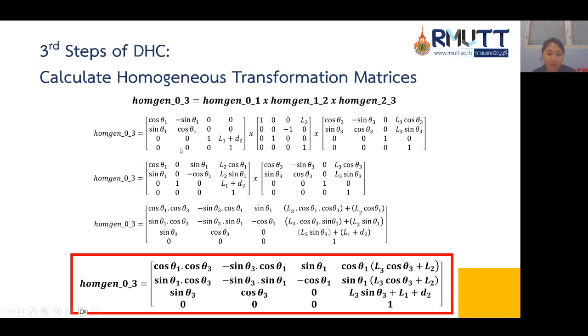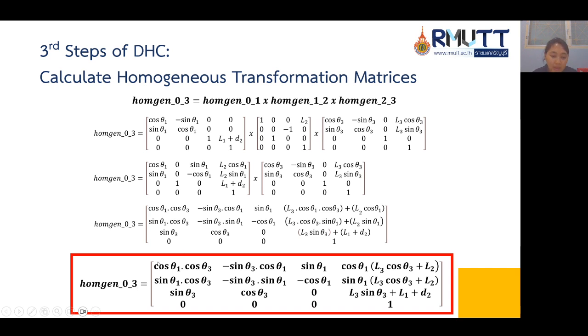After we have the result of multiplying these two matrices, we multiply with the third matrix here, and the process is the same. And then we can see here the answer of the homogeneous matrix from frame 0 to frame 3.